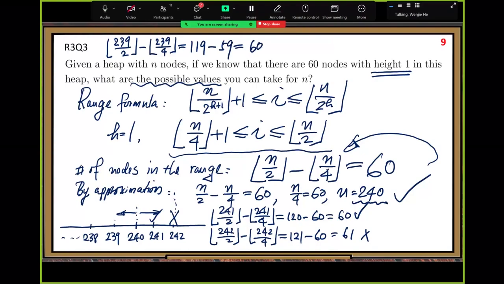So 239 is good. Then let's check another one: 238 over 2 minus 238 over 4. 119 minus 59, also 60, also good.